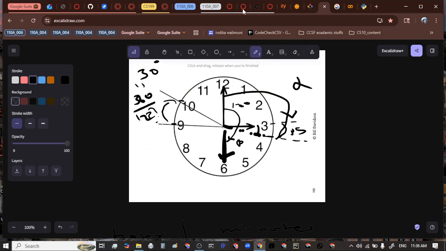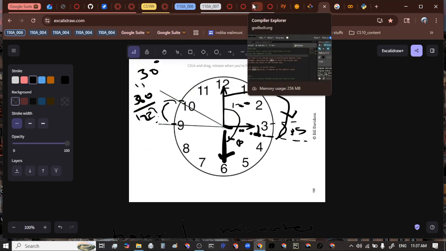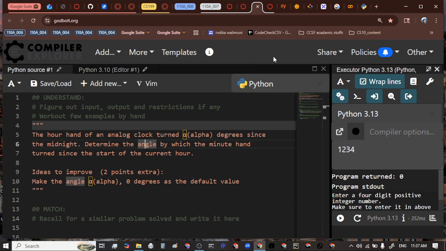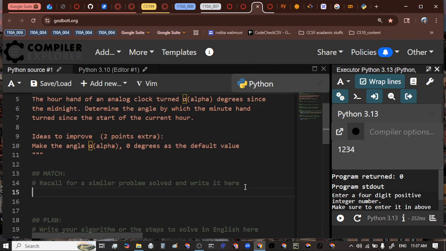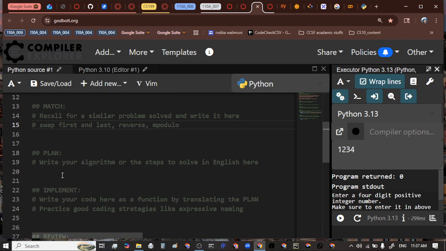All right, so let's write out an algorithm for this. What are the matches for this one? We have three matches. We have used modulo in several problems earlier: one is swap first last, and then reverse, and generally the modulo operation. Let's write the plan.